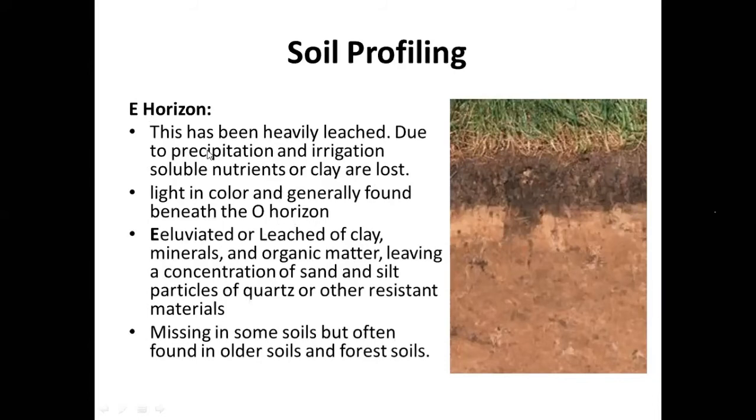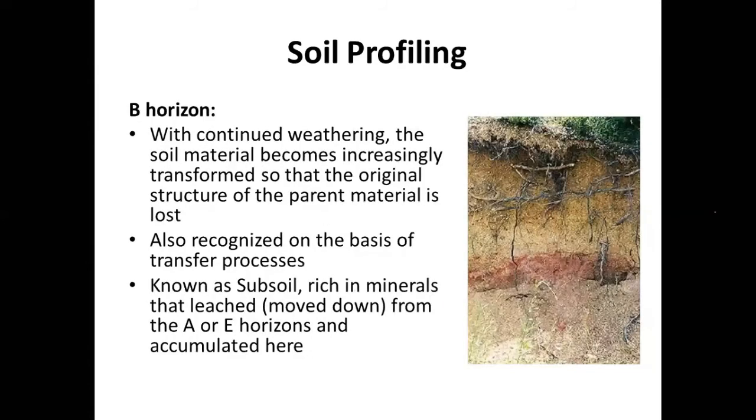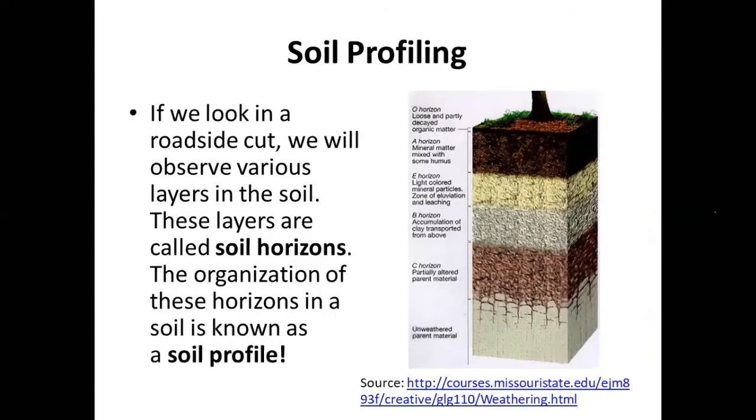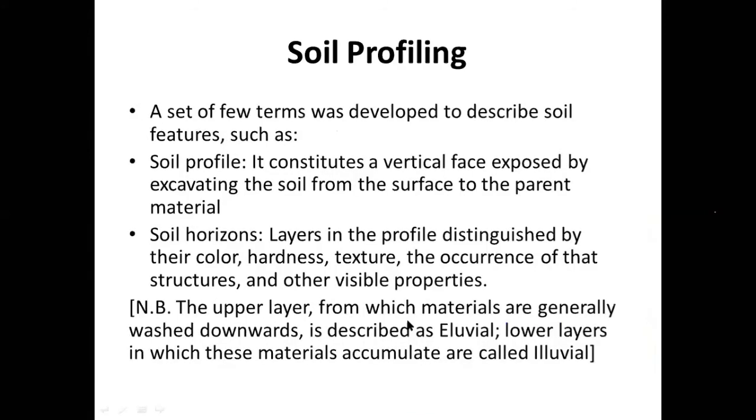So in the very beginning, I was mentioning eluviated and illuviated with I and E. So if you see that example again, the materials that are generally washed downwards from a layer, that is known as eluvial. So from where are the materials lost?